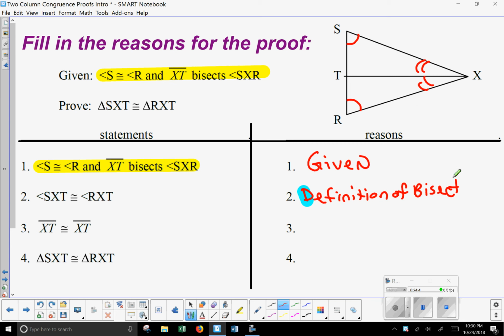Good? All right. And then what was the next thing that we said? Well, we said that XT was congruent to XT. So that's this segment right here in the middle. What is our reason for saying that that is congruent to itself? Oh, that's the reason is reflexive.